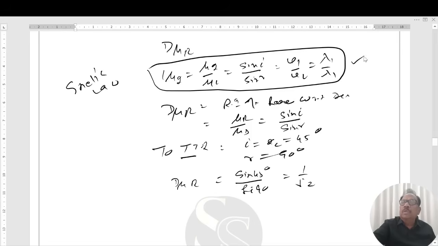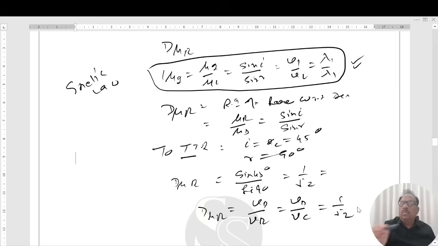Also, d mu r is v1 over v2, that is Vd over Vr, equal to 1 by root 2.